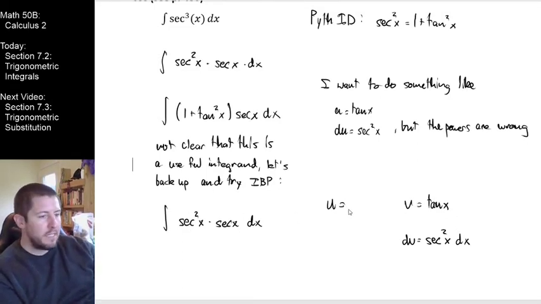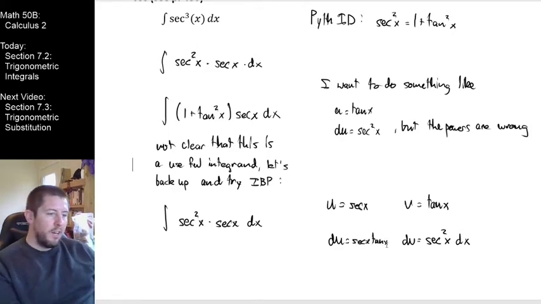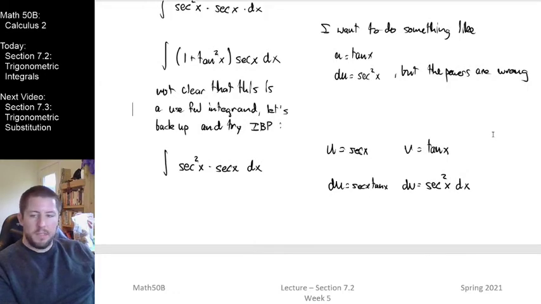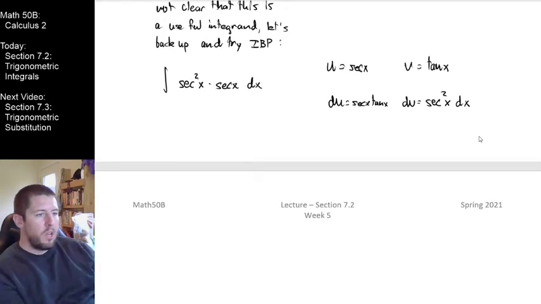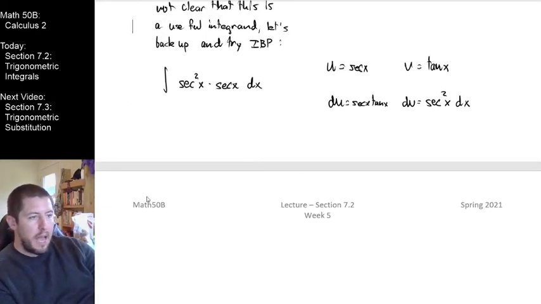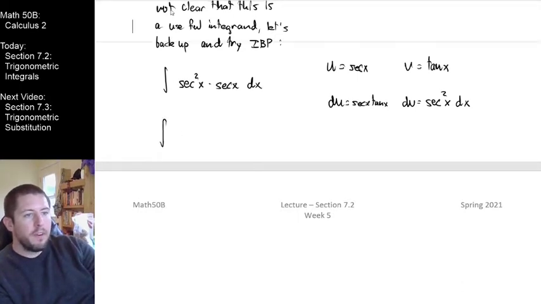If that's the case, then that's going to leave me with u being secant of x and with du being secant tangent. Again, unclear if we're heading in the right direction, but we're trying some stuff. I feel like there's got to be that tangent involvement somehow with some of this stuff in here, right? So let's see. If I do this now, what am I getting? Now we should be getting uv minus integral v du.